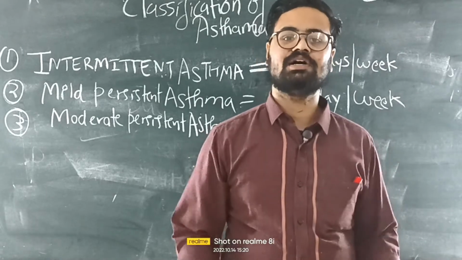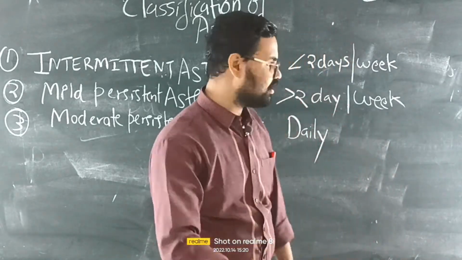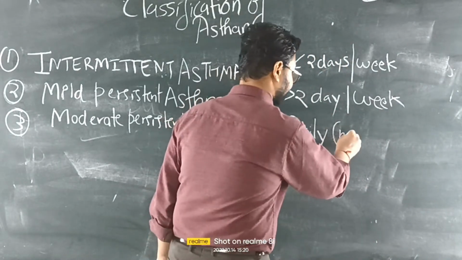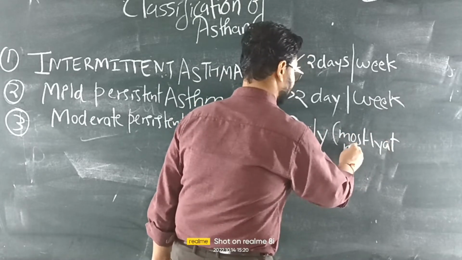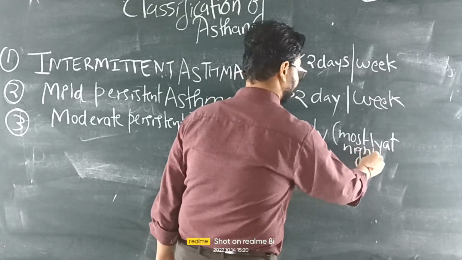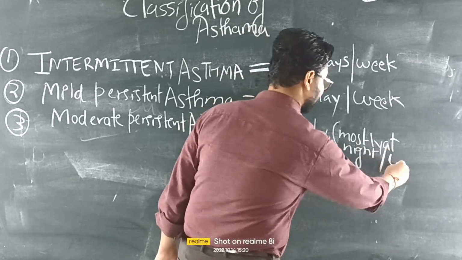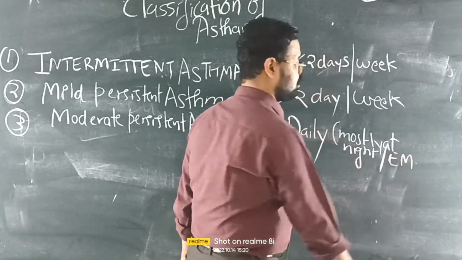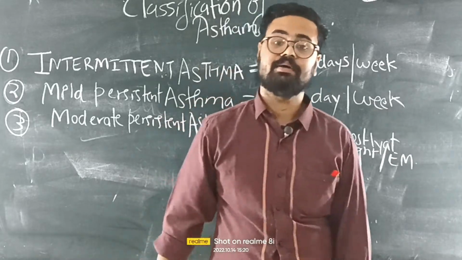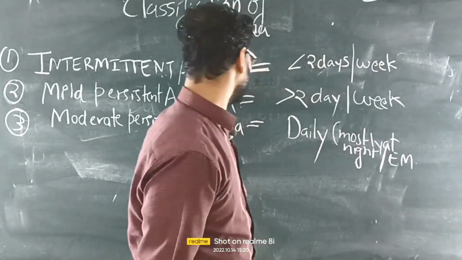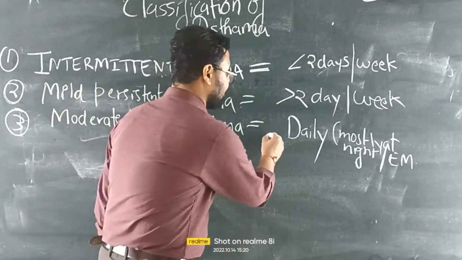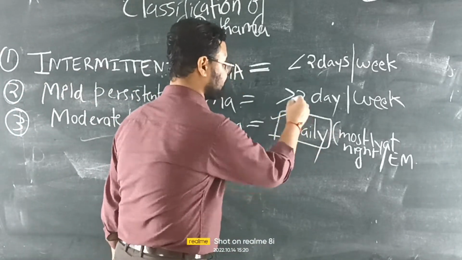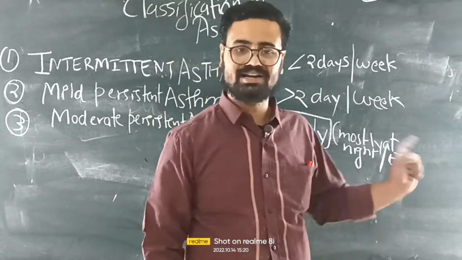Daily means at a certain period of time, mostly at night or early morning. That type of asthma is moderate persistent asthma, because episodes are coming daily. This is an important point to remember. NCLEX special.